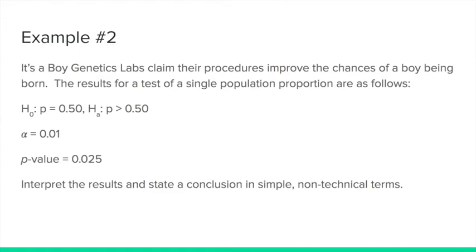So we're testing with a significance level of 0.01, and through taking a sample and running the math, we get a p-value of 0.025. All right, so interpret the results and state a conclusion in simple, non-technical terms. I'm going to let you do this as a kind of pre-homework problem. I'd like you to interpret the result and state your conclusion in a post on Google Classroom.